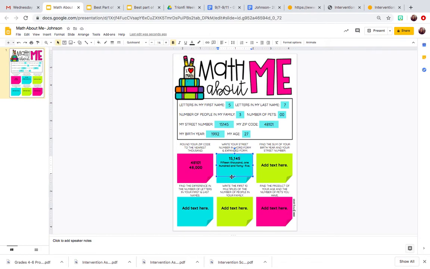The 5 here represents 5 ones. Then I'm going to put a plus sign because I'm going to take this number and make it a giant addition problem. Okay, so let's look at the 4. The 4 is in the tens place. That's right, the tens place. So if I have 4 tens, I technically have 40. I'm going to put another plus sign. The 1 here is in the, you got it, the hundreds place.